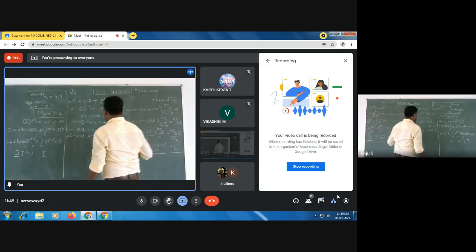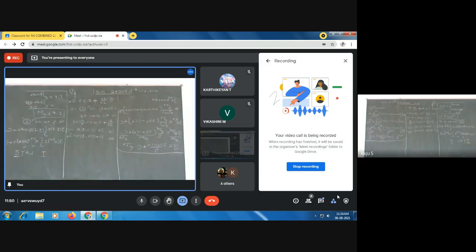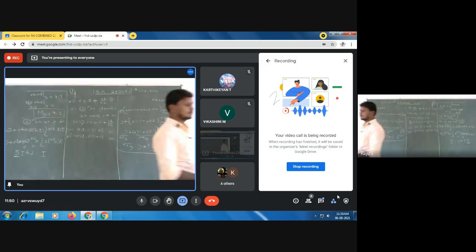So both are correct answers. Either way, you may use the UV rule. First we can note it down. This alone I'll explain with the UV rule also.